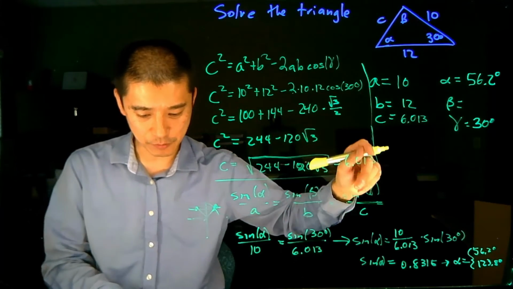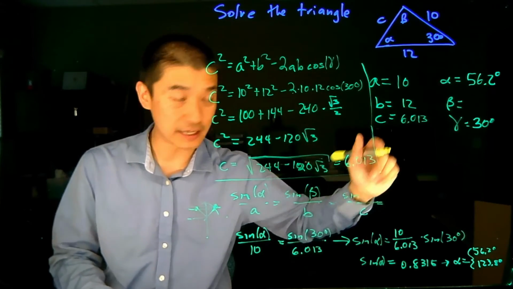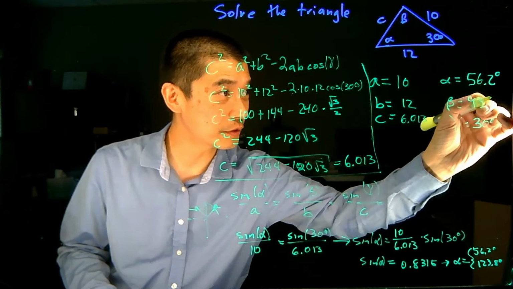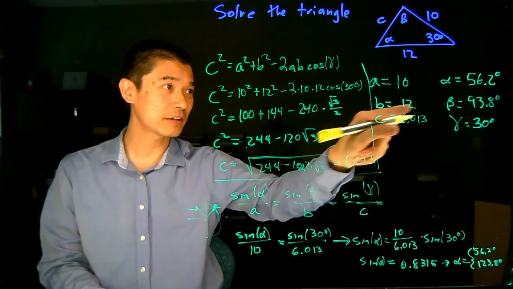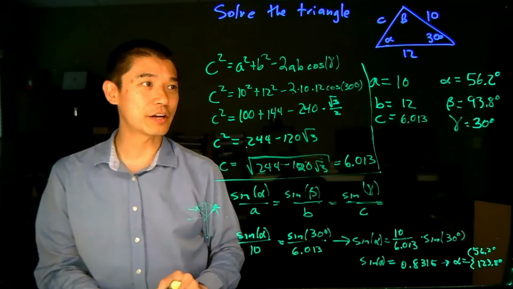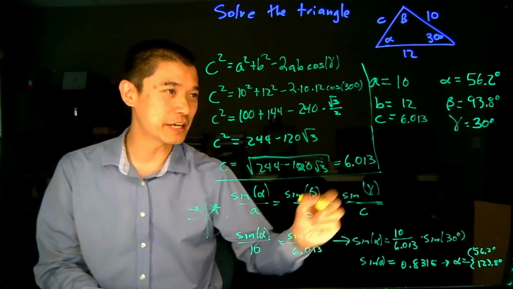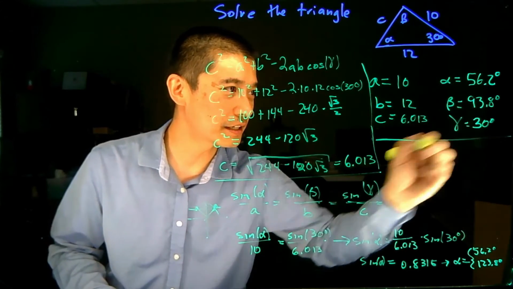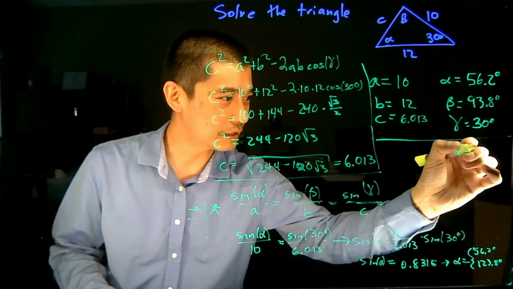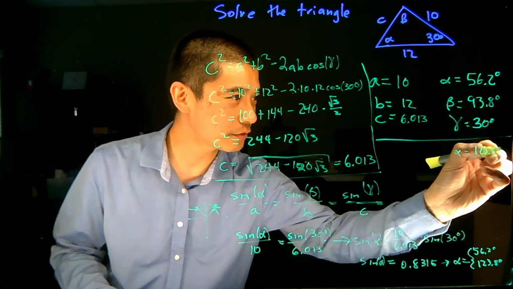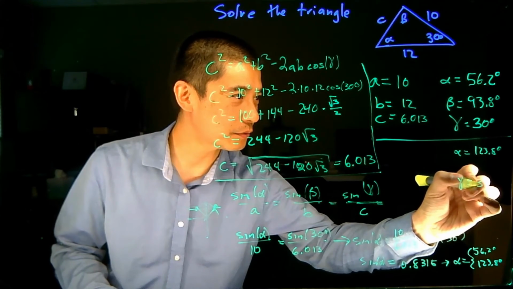So once we know what this one is, we can actually do the rest of the calculation to get that this one's 93.8 degrees. Right? The largest angle is across from the largest side. If we had it the other way around, that would not have been the case. And I'll go ahead and write it out here just so you can see it. So the alpha in that case would be 123.8 degrees. The gamma would be 30 degrees.